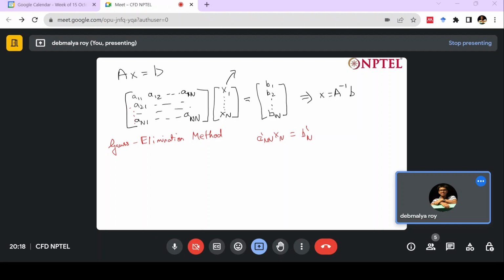So this will definitely change, and you will get the value of xn and substitute back in the n-1 equation, get its value, and so on. So that's the Gauss elimination method.